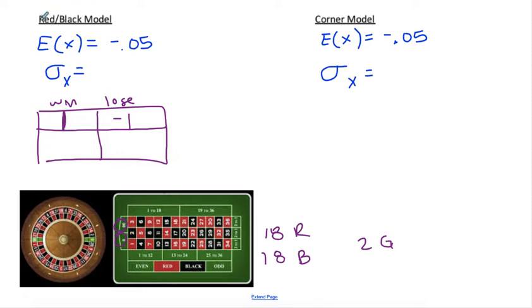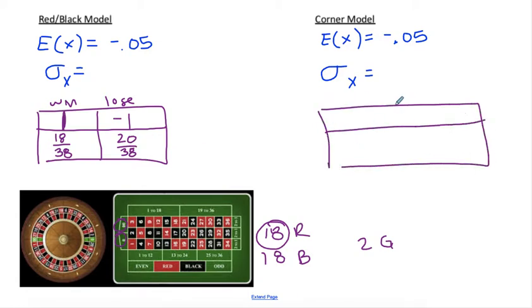So in order to win on the red-black model, we have 18 out of the 38 places we can win. When we lose, that means there's 20 out of the 38 here. That's a little different from the model that we did on the corner bet.